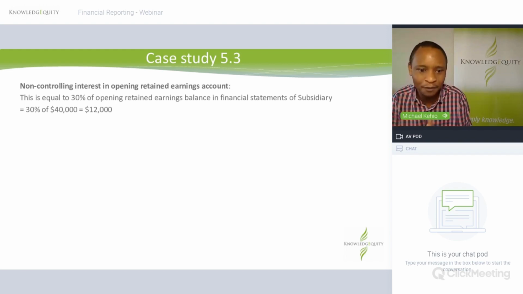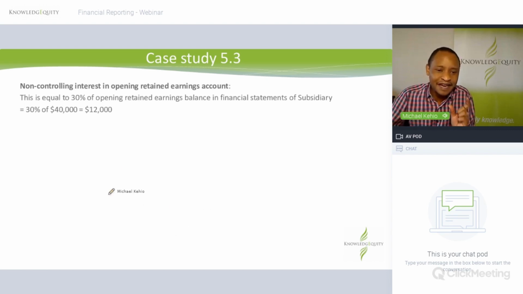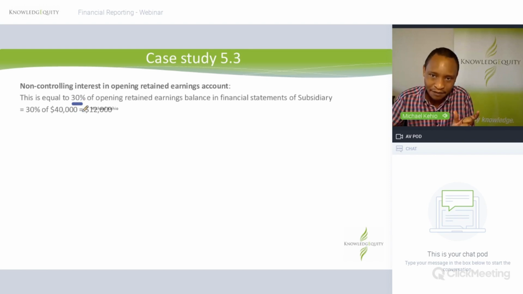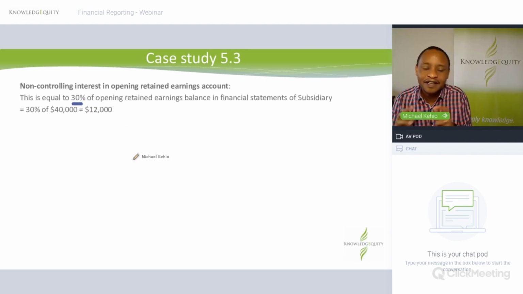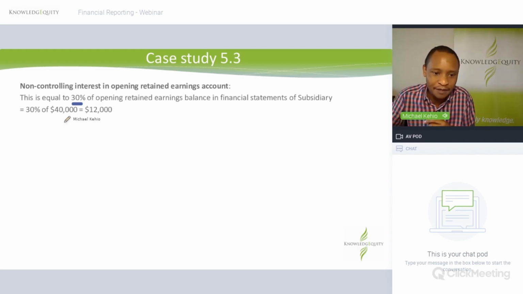So let's now look at how you calculate the non-controlling interest in this entity as at 30th June 20x4. Now, you obviously start with opening retained earnings. So when you start there, remember, the non-controlling interest owns 30% of this company. And consequently, we know from the financial statements that the opening retained earnings total was 40,000.